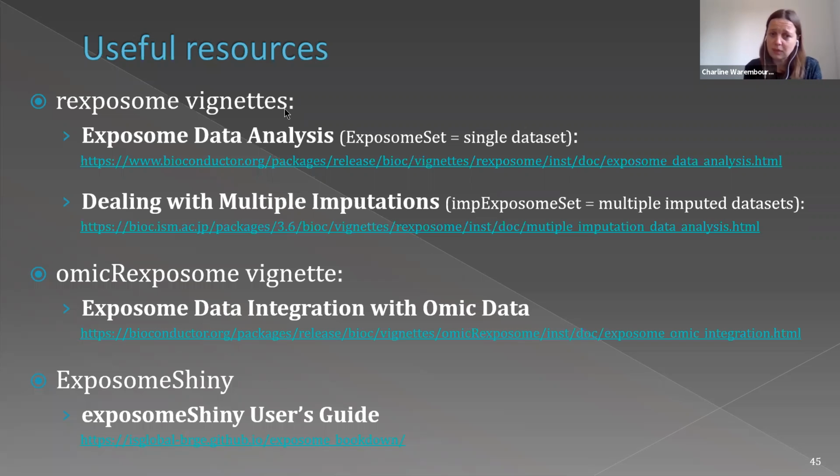But there are plenty of methods to correct for multiple testing, like the false discovery rate. And yeah, I think we can talk for hours about the correction for multiple testing.